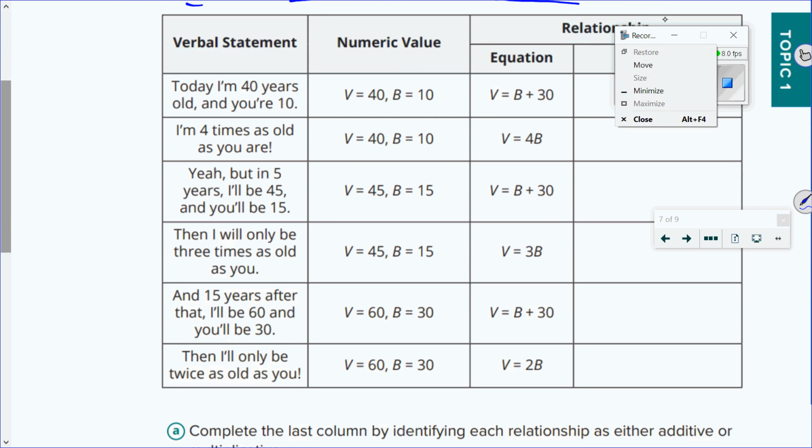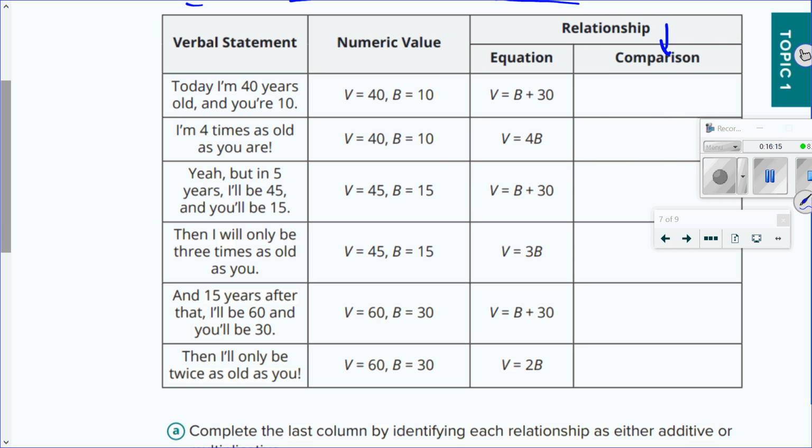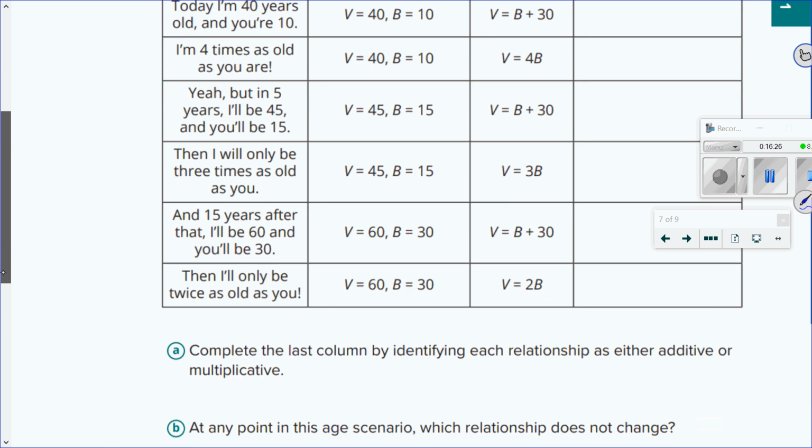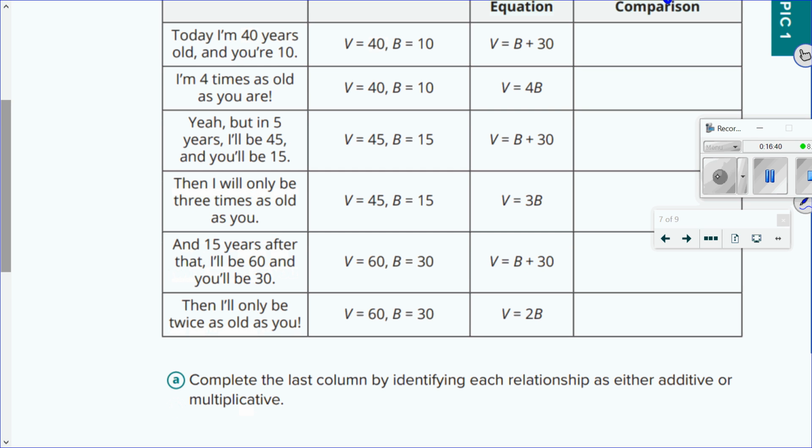What I want you guys to do is go through and fill in the last row of the table with whether it is multiplicative or additive reasoning. And then at any point, which relationship does not change. So once you've filled out the table, do a comparison of the different numbers, see which values don't change. I'll give you guys about 4 minutes to work on that one.